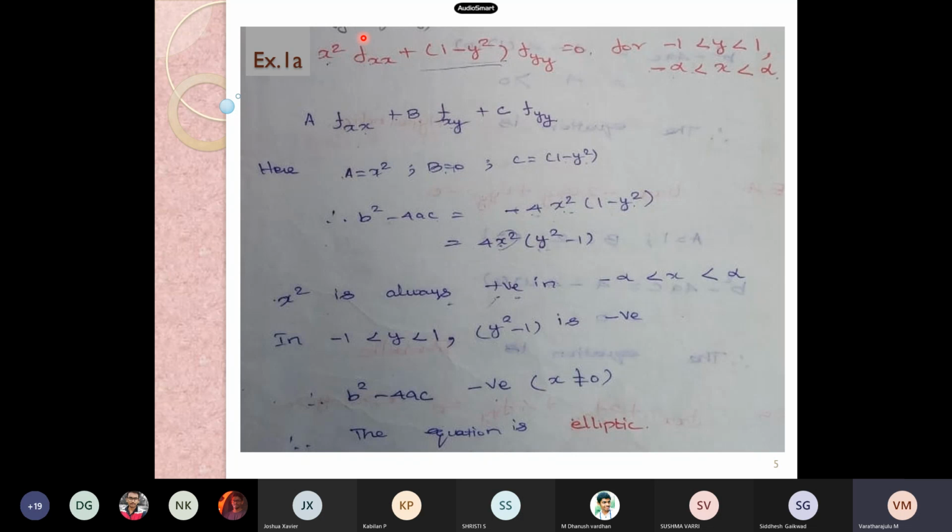The term associated with the second derivative in x should be a. When it is associated with dou x dou y, that should be considered as b.